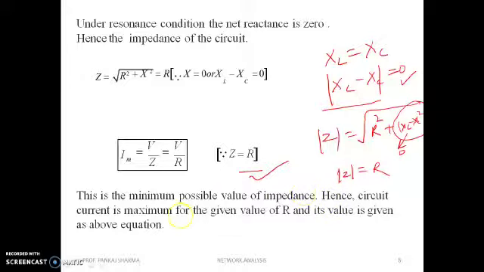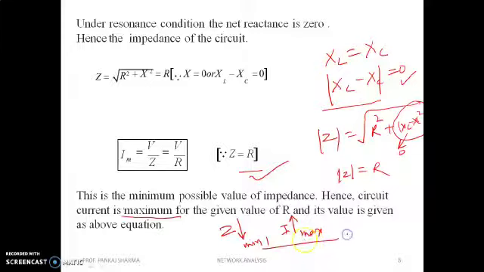Hence, the circuit current is maximum. When the opposition offered by the circuit is minimum, it means the current will find it very easy to flow in the circuit. So the value of current at this point will be maximum. When Z is minimum, at this time current will be maximum.